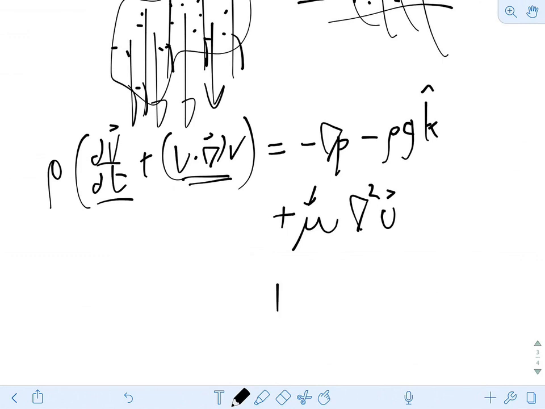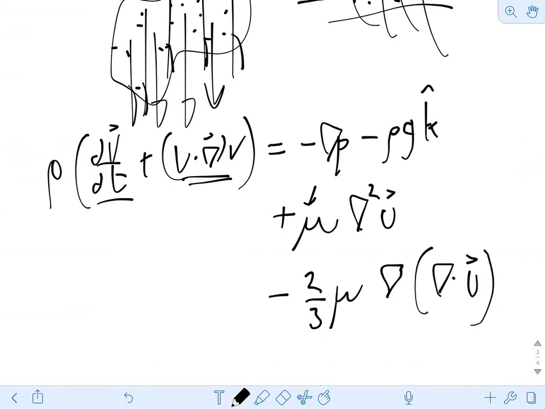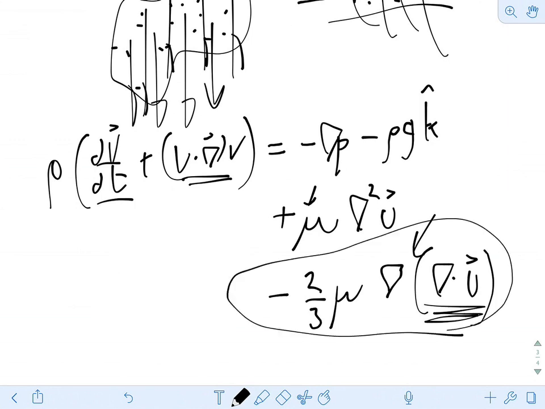If it's a compressible fluid, you have another term here, minus, I think it's 2/3, do not quote me on that, mu del times del dot u. This is a gradient operator here. This is a divergence of the velocity, and as we discussed before, for an incompressible fluid this term is 0, so this whole term only shows up for a compressible fluid.